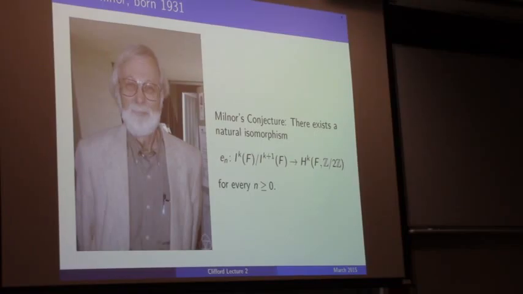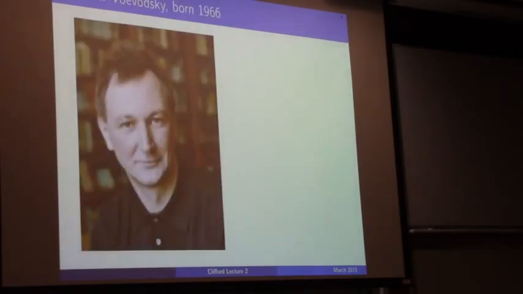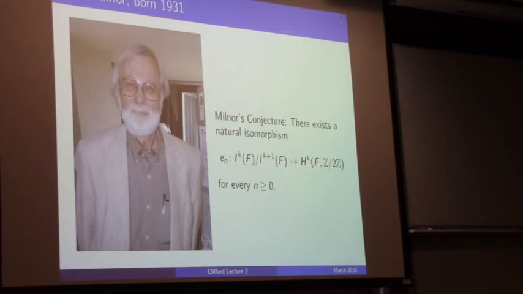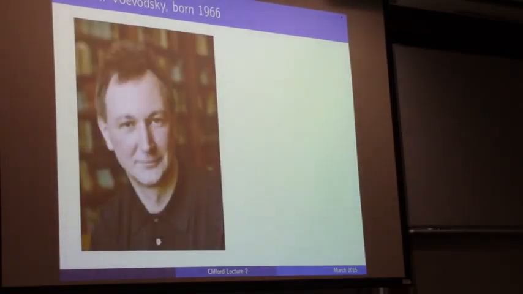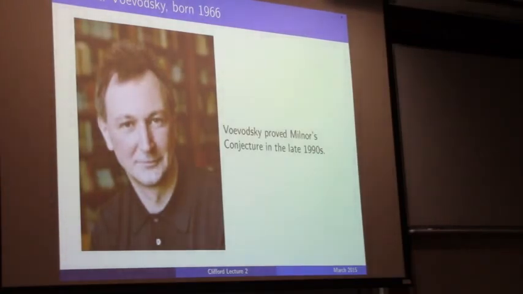I'm only going to be concerned with the Witt ring in this talk. Pardon me? For every k, yes. Yeah, sorry, n and k are the same. So this conjecture was proved by Voevodsky in the late 1990s.